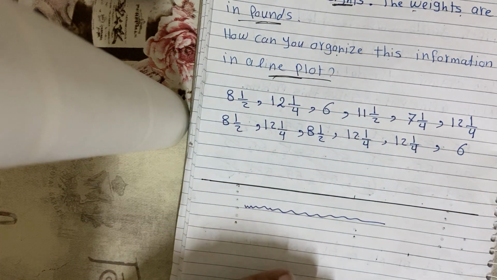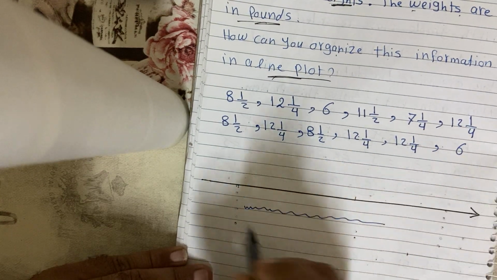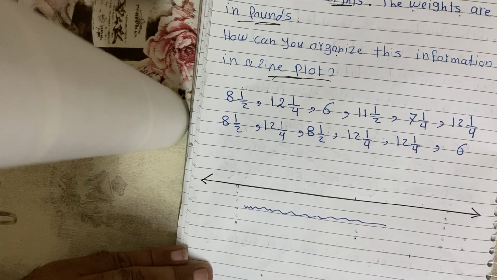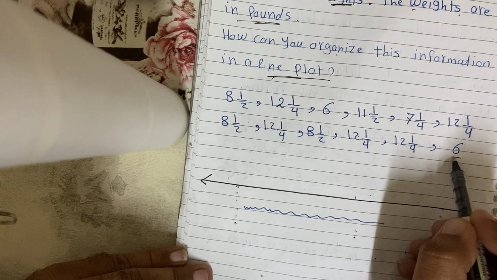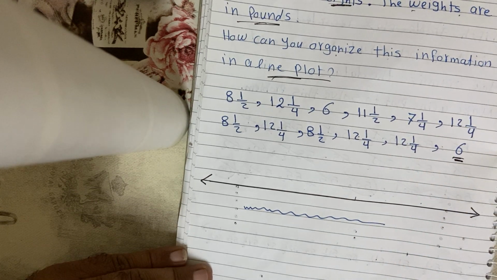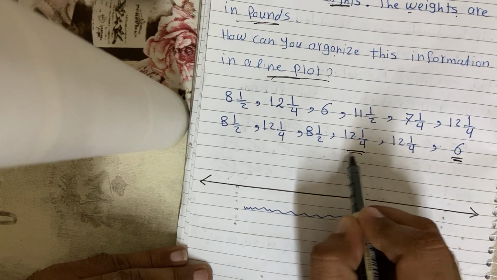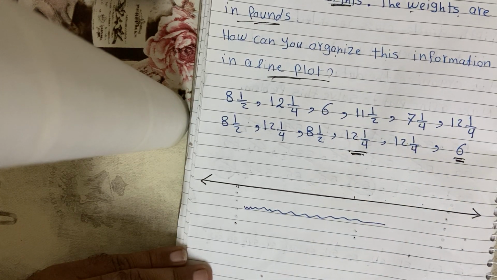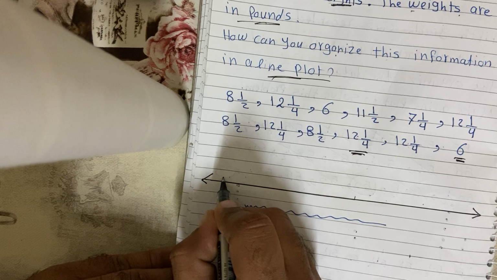And we need to choose the scale. Where is the smallest number? The smallest number is 6. And the biggest number here is 12 and a quarter. So we are going to start with 6.